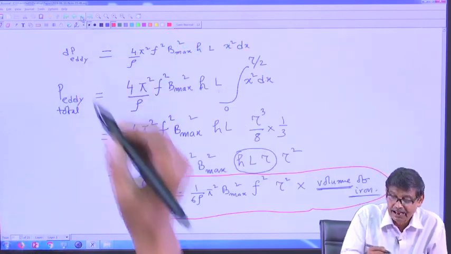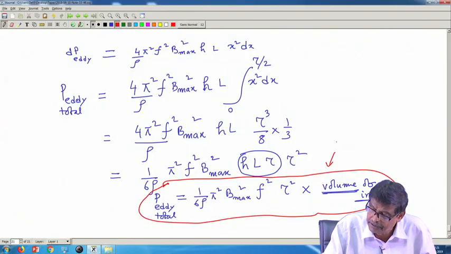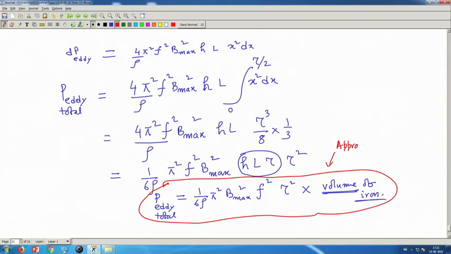Therefore, this is a very handy approximate expression, mind you, approximate, it will serve my purpose, for eddy loss. Eddy current loss then depends upon the maximum value of the flux density squared, supply frequency squared, and thickness squared.